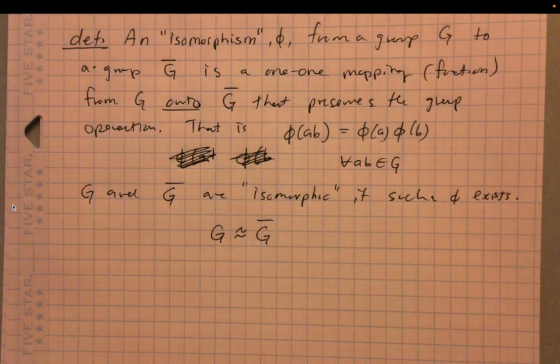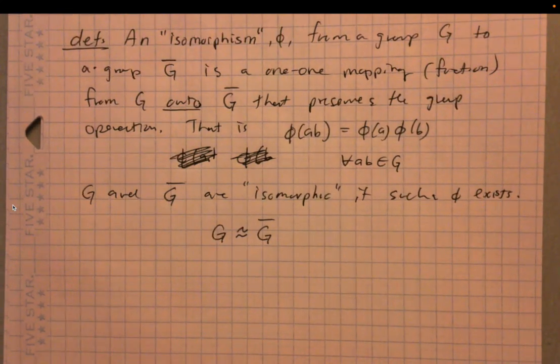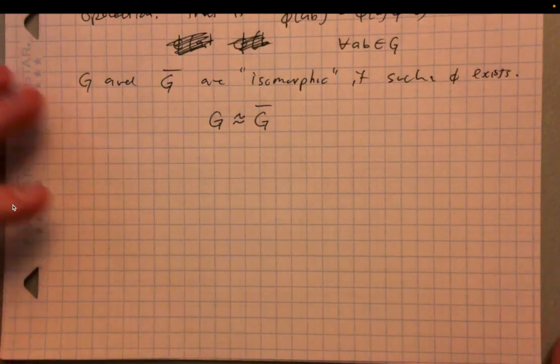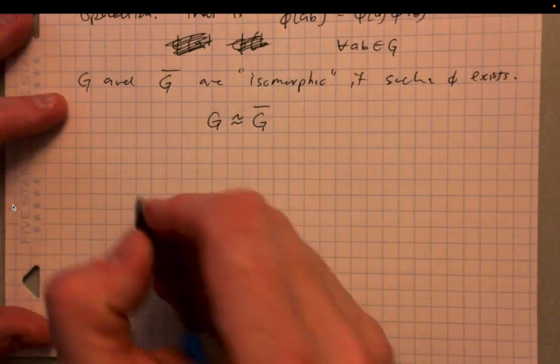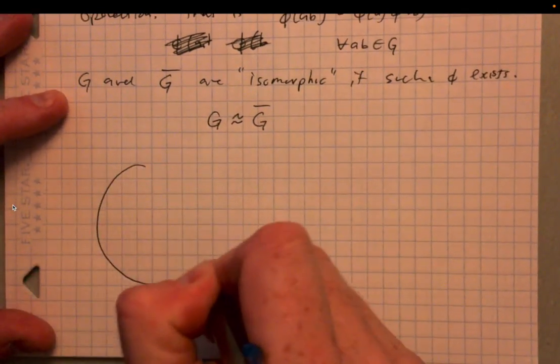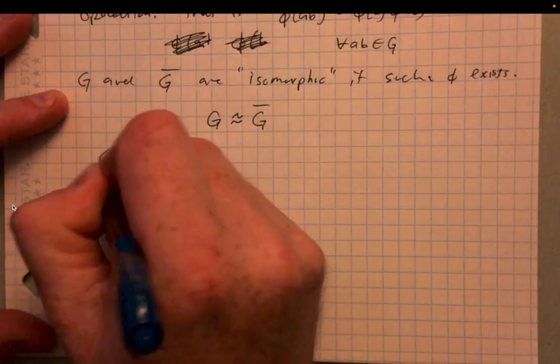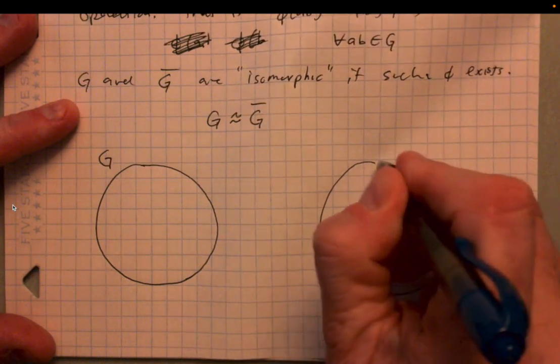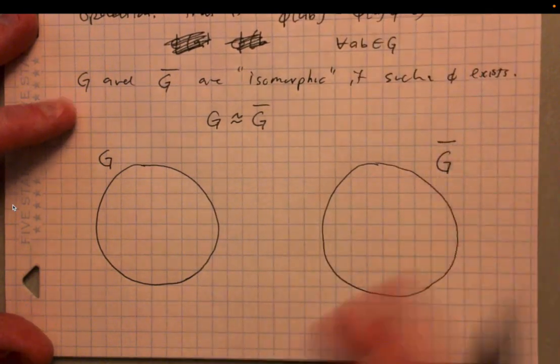Let's talk this definition through with a visual. Let's draw a picture. I think it can be instructive to see what this means in a schematic form. So let's say I have a group G over here, and let's say I have a group G bar over here.